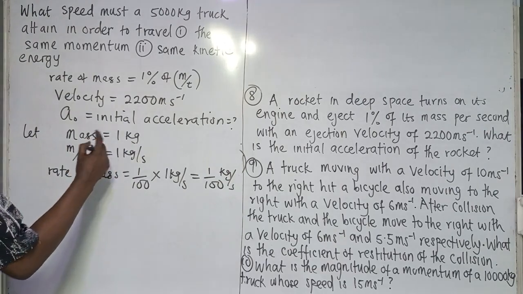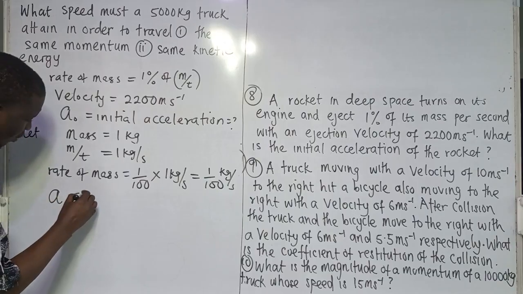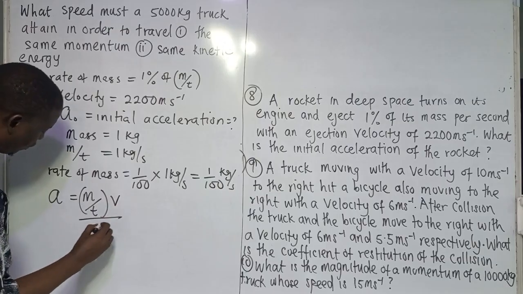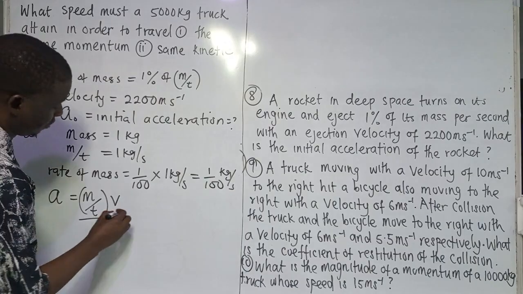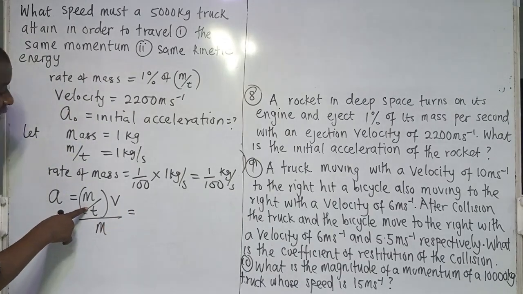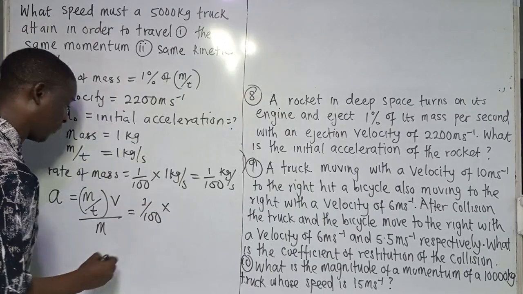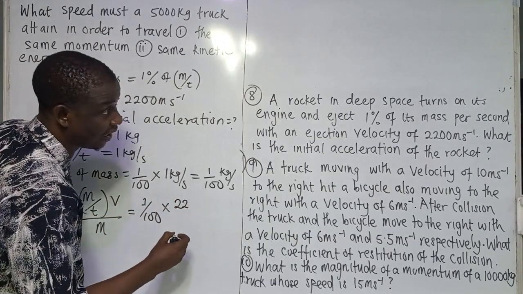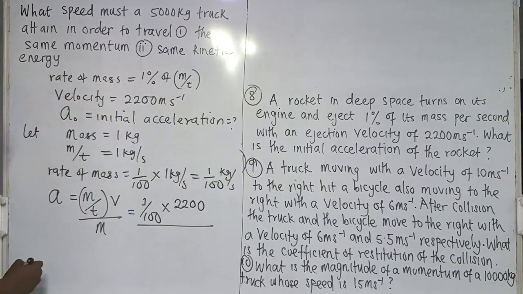So our mass is already known. So to find initial acceleration is equal to what? M over T times what? Velocity over M, the mass of the body, unit mass. So M over T, which is what? 1 over 100 times what? Then this one will give us what? 2,200 meter per second divided by what total mass now?